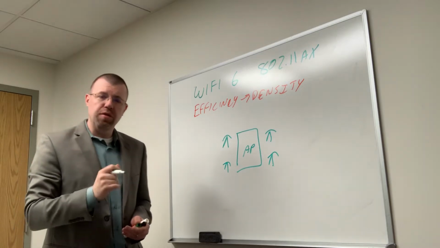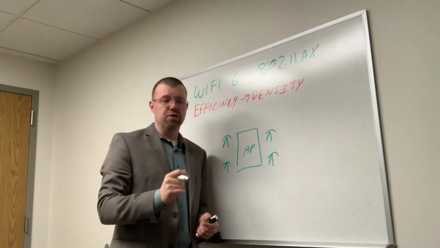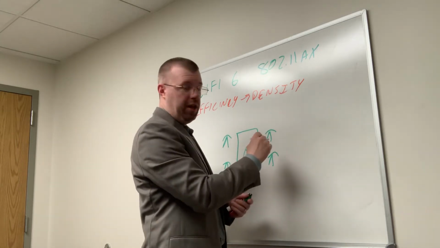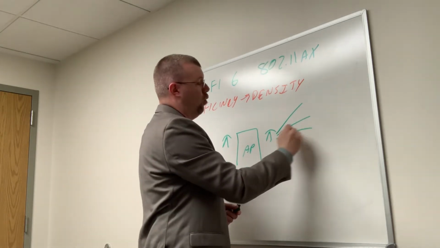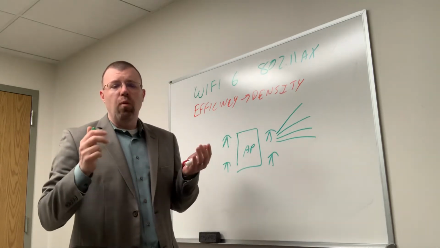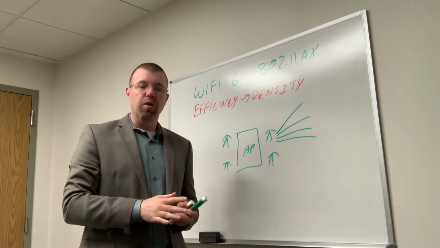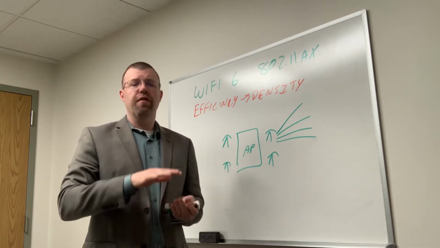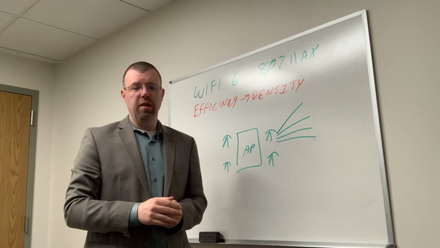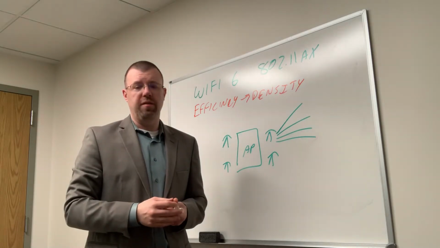And then each of those radios can communicate using what's known as spatial streams. Each radio can communicate on 4 spatial streams. What that basically means is that you can transmit and receive on up to 4 segments of the entire frequency band simultaneously. So that means that you can really talk to 4 different endpoints at the same time.